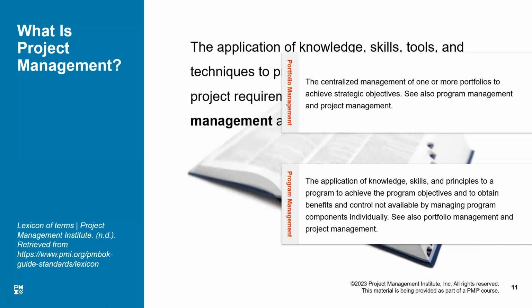So a program has multiple projects that are related together, and you manage a program so that you can attain benefits amongst the related projects. Those benefits cannot be attained except those related projects were managed together under a program. A portfolio is a combination of projects, programs, operations, and other components of work that you manage together for the purpose of aligning them to attain organizational objectives, the strategic objectives.